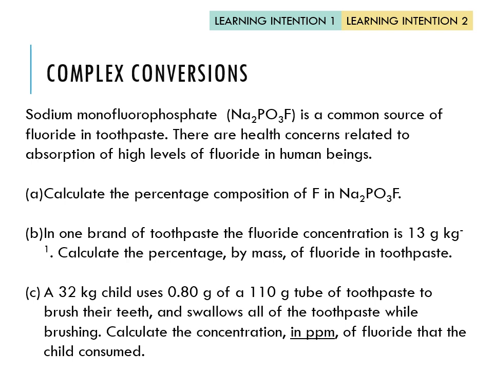In one brand of toothpaste, the fluoride concentration is this. Calculate the percentage by mass of fluoride in toothpaste. And a 32 kilogram child uses this many grams of toothpaste from a 110 gram tube of toothpaste to brush their teeth. Calculate the concentration in parts per million of fluoride that is consumed by the child.